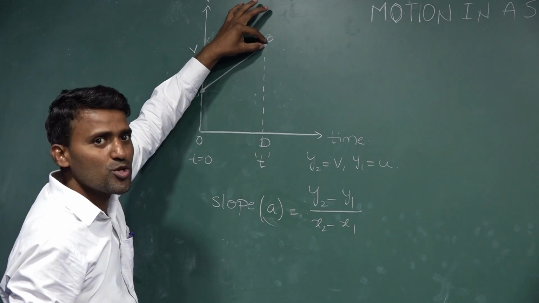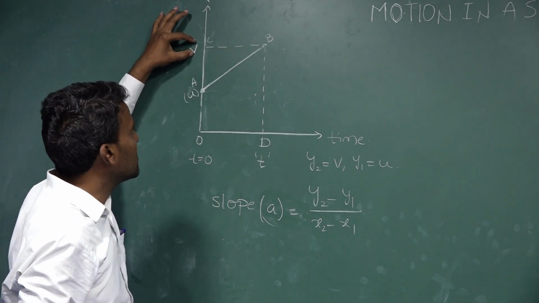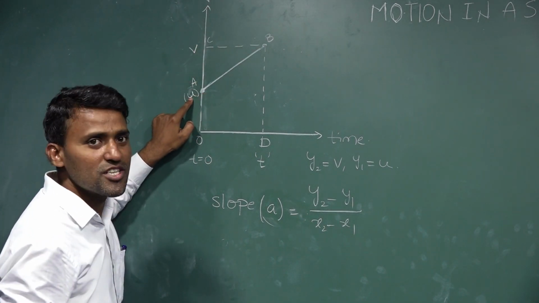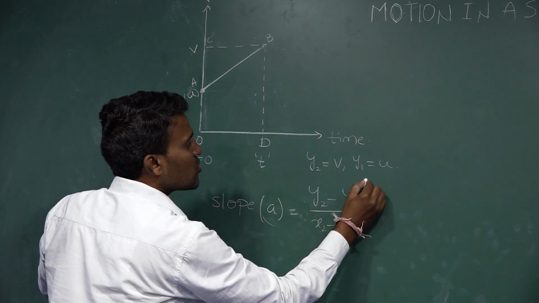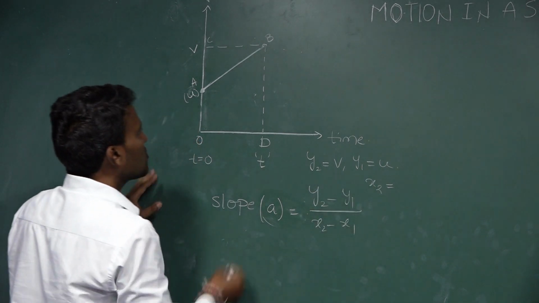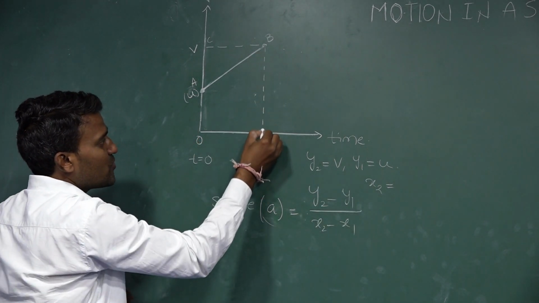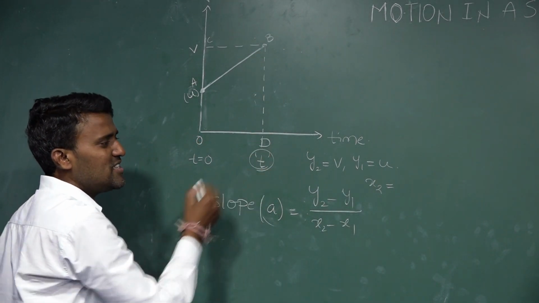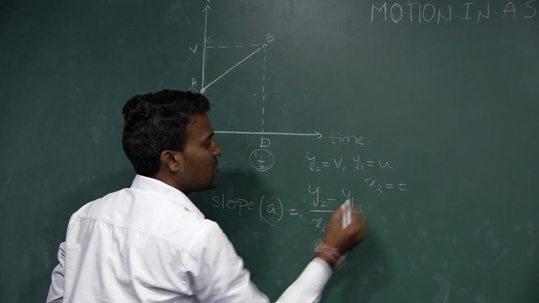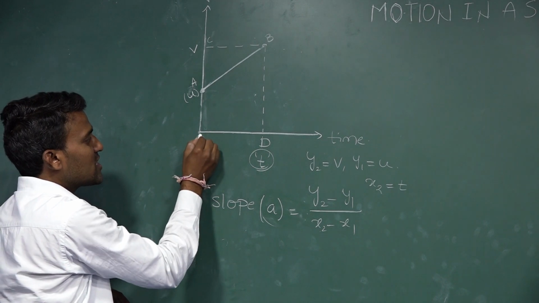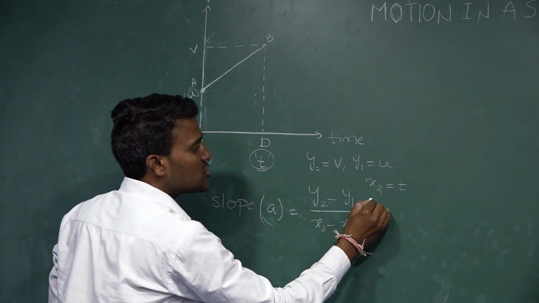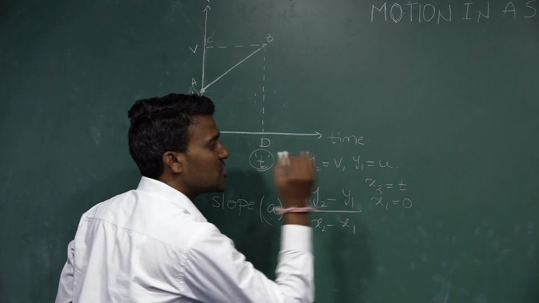For x2 minus x1, x2 is the final position, which is the time interval t, and x1 is the initial position. On the x-axis, x1 is the origin, so time is equal to 0. x1 is equal to 0.